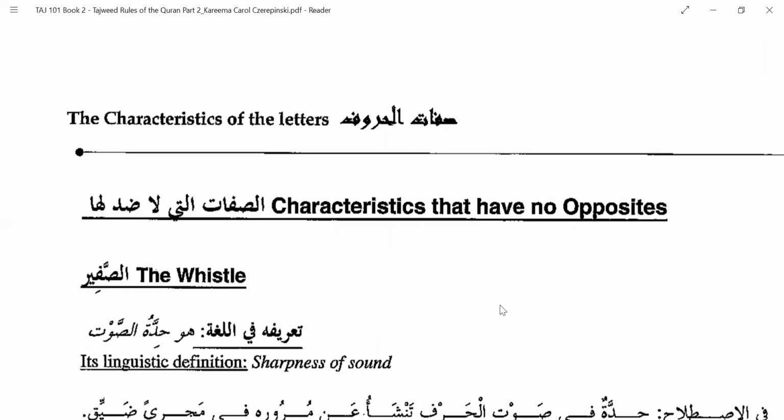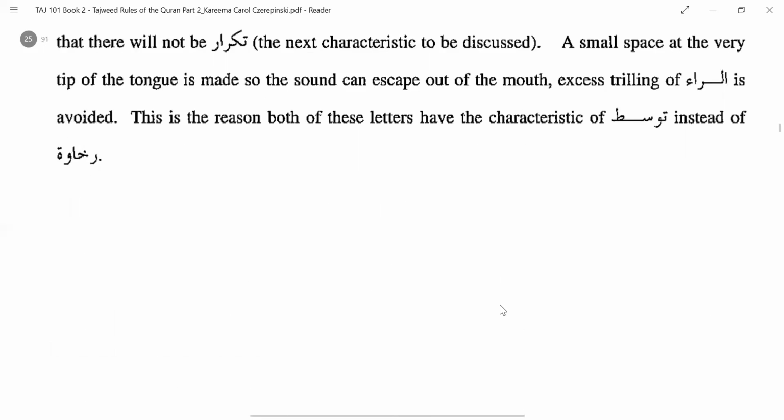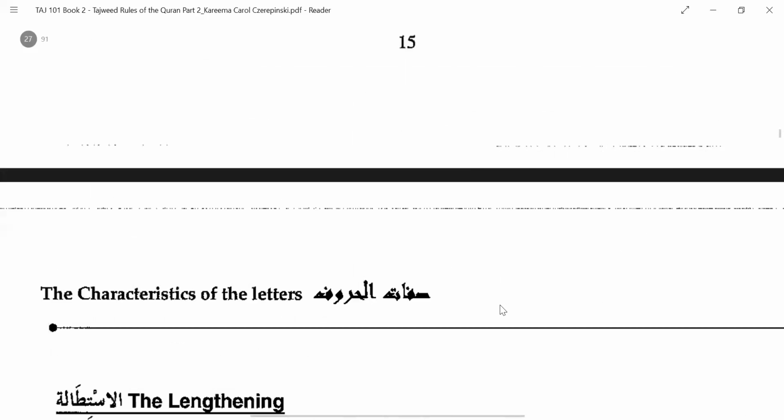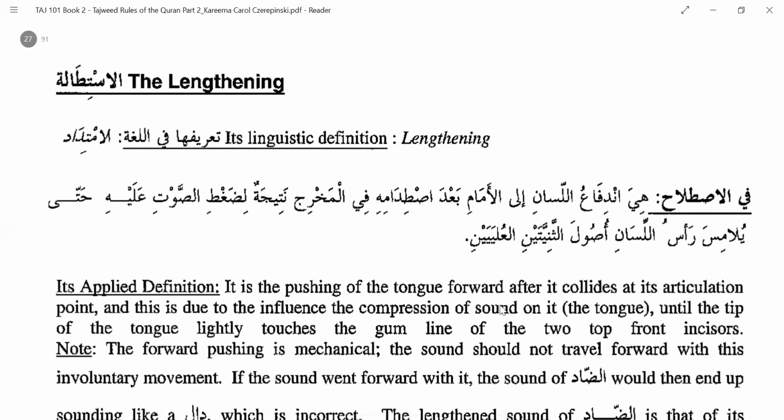Safir is like a whistling sound. So again, the letters are easy here to remember. Sad, Sin, and Zai. So the next one, inshallah, is lengthening, which is istitala. The linguistic definition, lengthening. Al-imtidad, imtidad, mad. You remember mad?